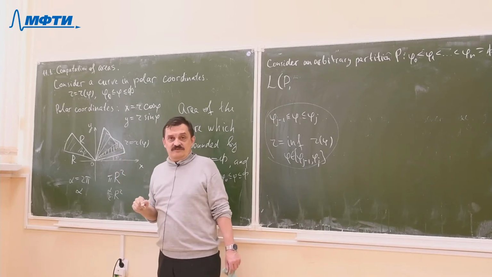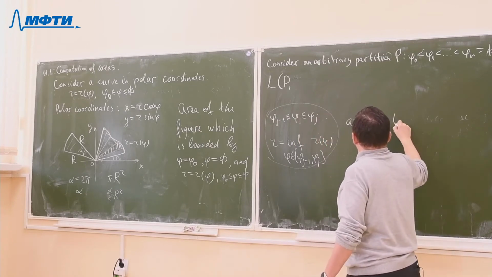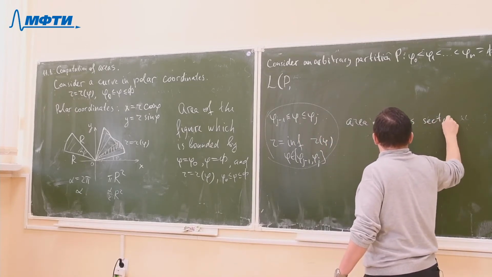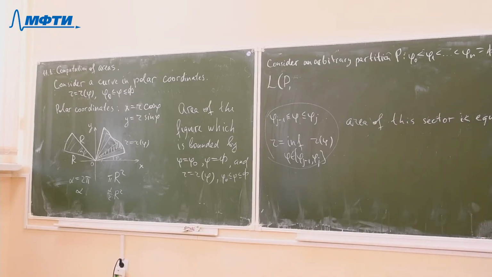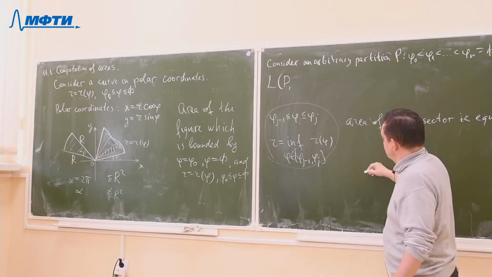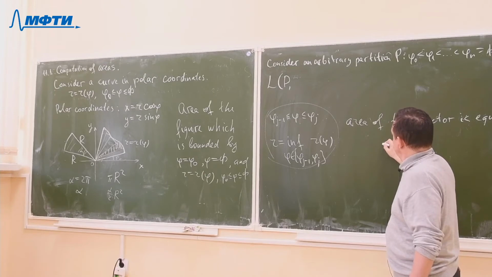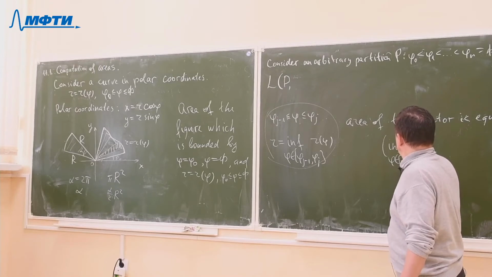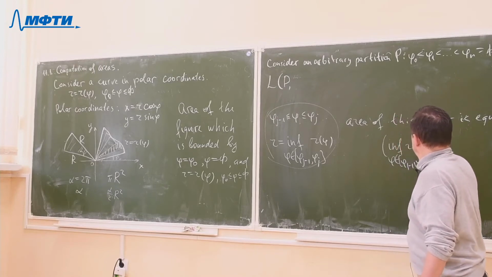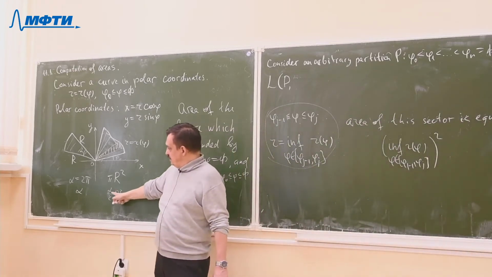What is the area of this sector? The area of this sector is equal to the infimum of r of phi for phi in the interval from phi j minus 1 to phi j, squared, times the angle over 2.